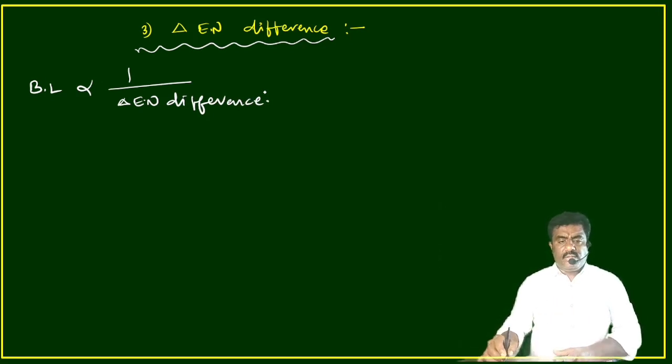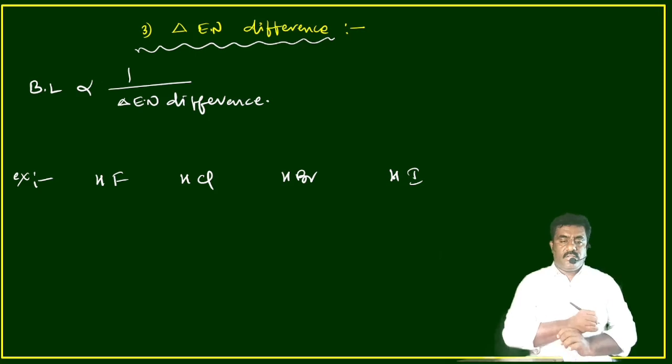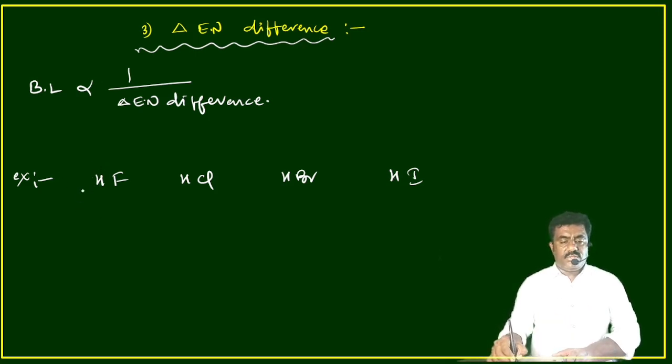Let's take an example: HF, HCl, HBr, HI. What is the electronegativity of hydrogen? It is nearly 2.1.